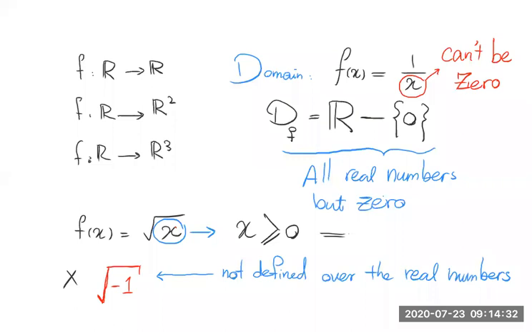Therefore, the domain of f is the set of numbers which are either positive or 0. So it's from 0 up to plus infinity, and it contains 0, so it's closed at the side of 0. Remember that this set contains 0.